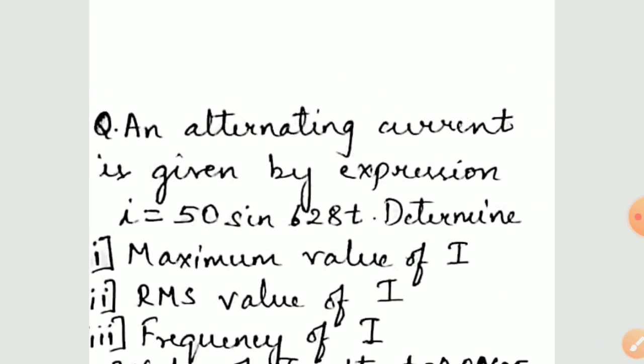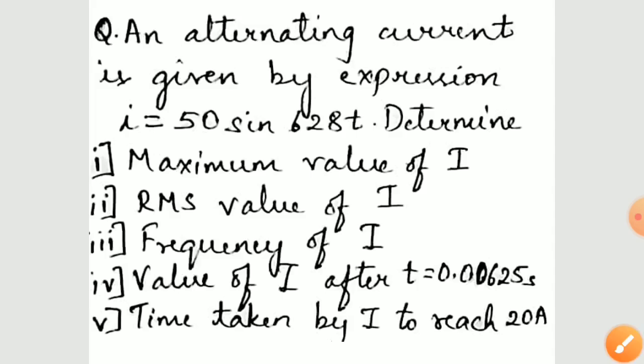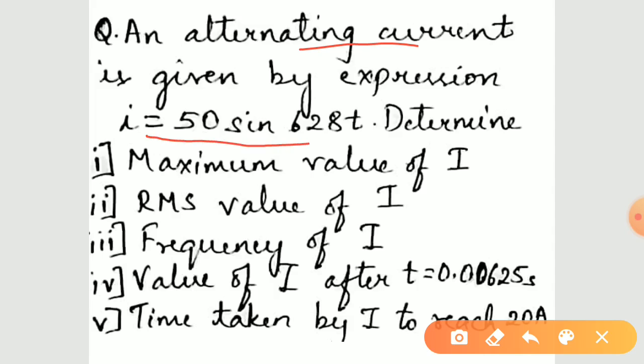Let us go through a numerical problem. An alternating current is given by the expression I is equal to 50 sine 628t. Determine maximum value of current, RMS value of current, frequency of current, value of current after t is equal to 0.00625 second, and time taken by current to reach 20 ampere.